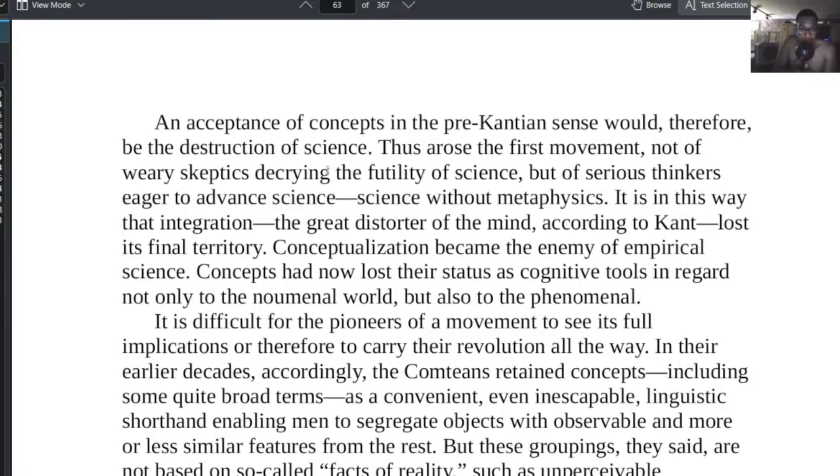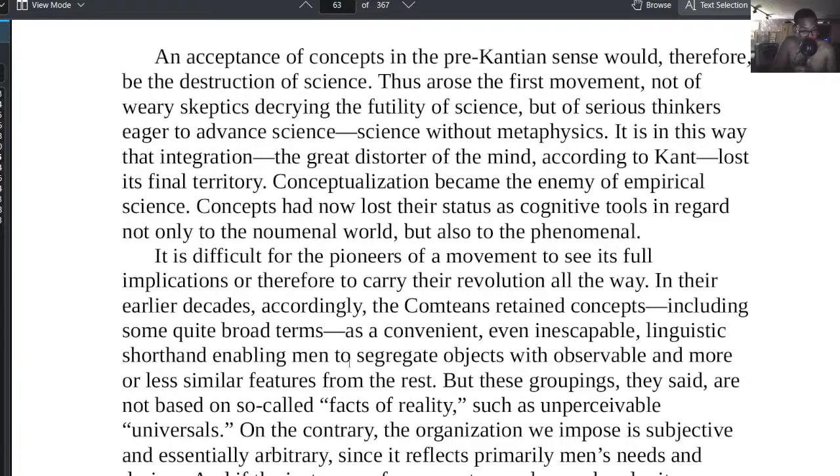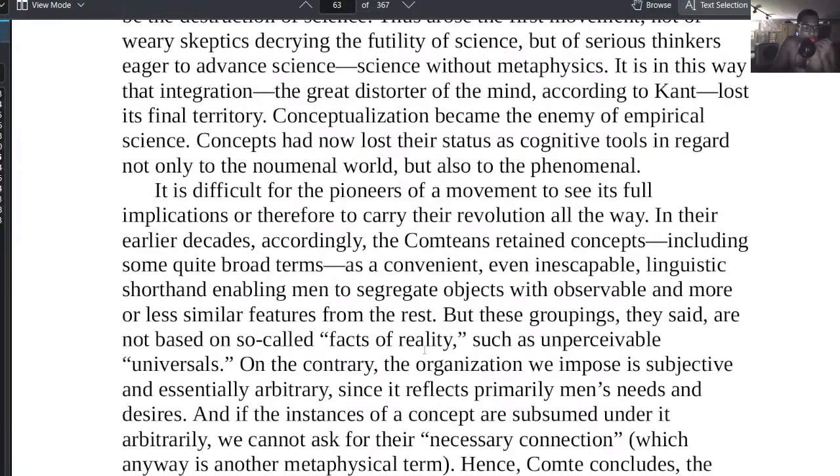It is difficult for the pioneers of a movement to see its full implications or therefore to carry their revolutions all the way. In their earlier decades, accordingly, Kantians retained concepts, including some quite broad terms, as a convenient, even inescapable linguistic shorthand enabling men to segregate objects with observable and more or less similar features from the rest. But these groupings, they said, are not based on so-called facts of reality, such as unperceivable.